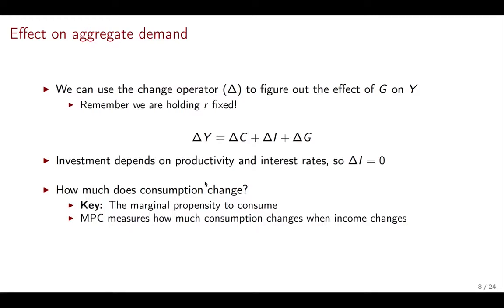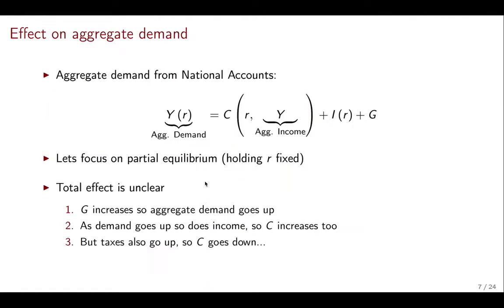Because, if you remember, and I apologize for going back, the key here is that as demand goes up, so does income, and so C increases. By how much? Well, that depends on the marginal propensity to consume. If the consumer has a high marginal propensity to consume, then consumption is going to increase a lot with income.